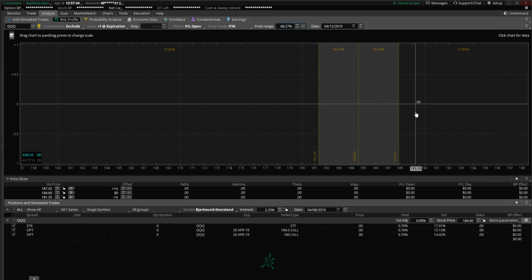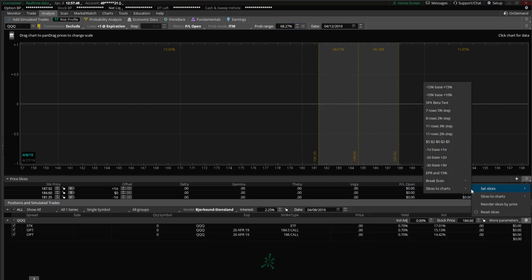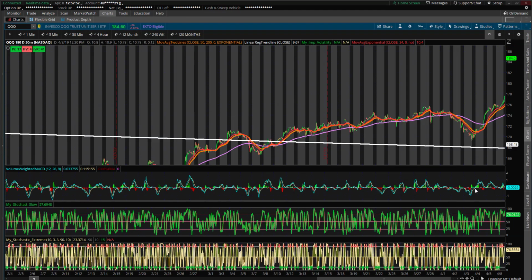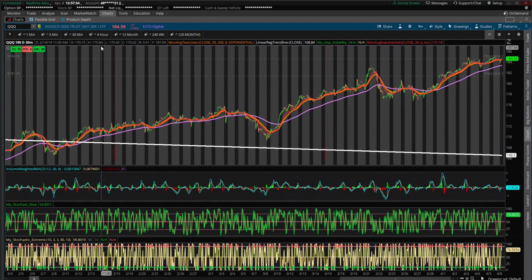Okay, so let's set these out onto the chart and look at it in a way that may be more familiar to you than the way we're currently looking at it. If we come back over here to this Show Actions menu, click on that, Set Slices to the charts. We can click on the first box that appears.